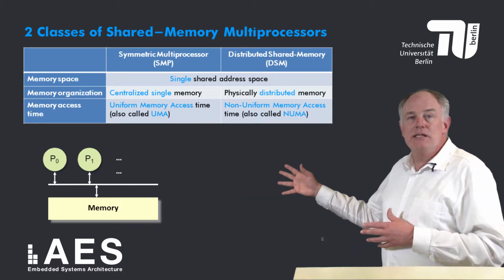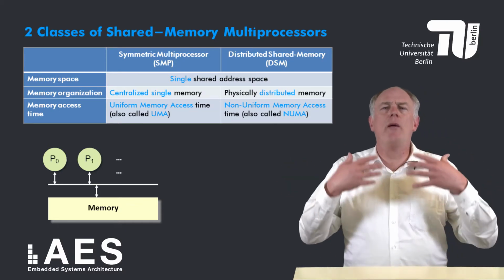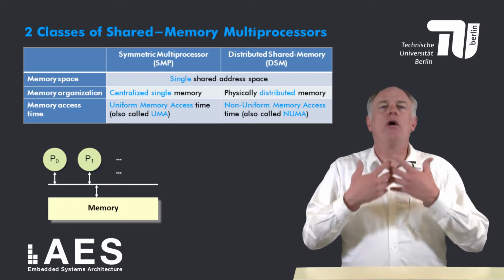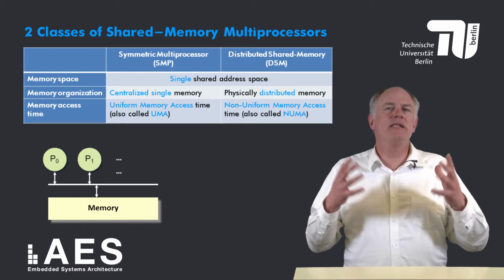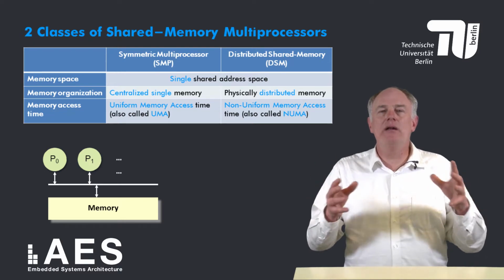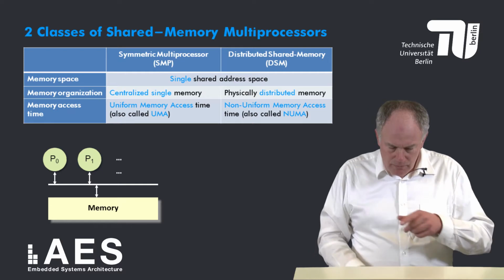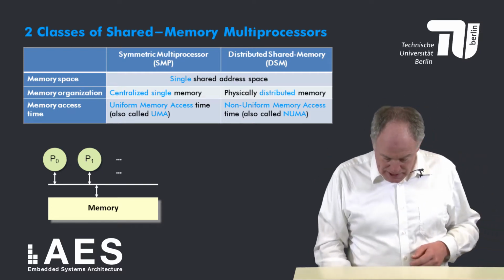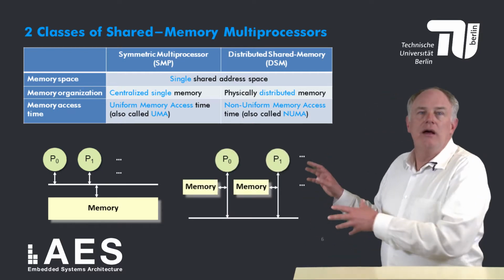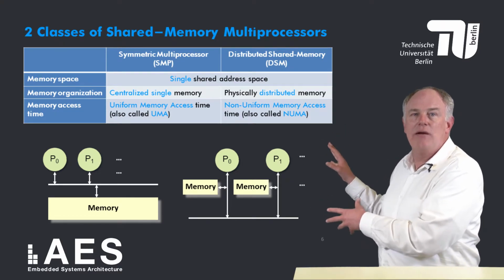For this reason, SMPs are also called Uniform Memory Access or UMA architectures, since the memory access time is uniform independent of which memory location is accessed. Distributed shared memory systems, on the other hand, have a physically distributed memory organization as shown here.